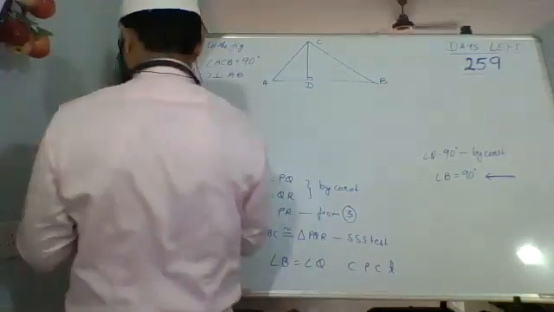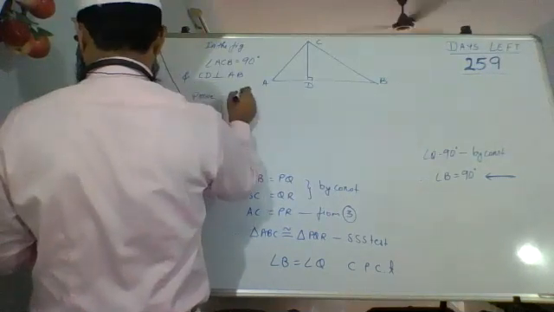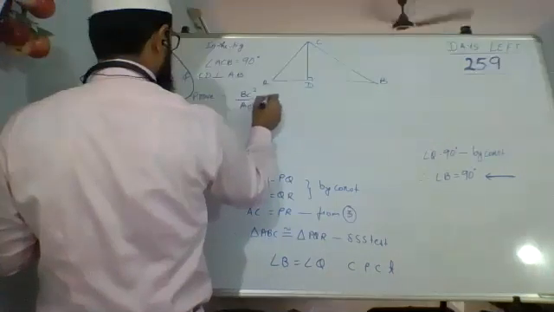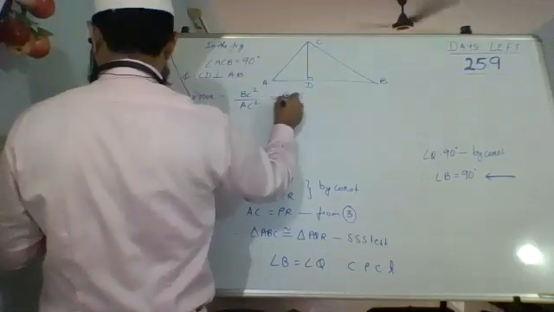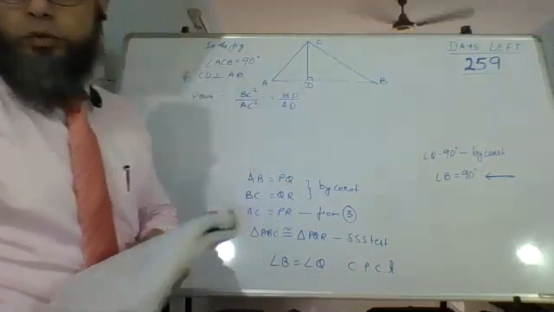We have to prove BC square upon AC square equals BD upon AD. This is what we have to prove.